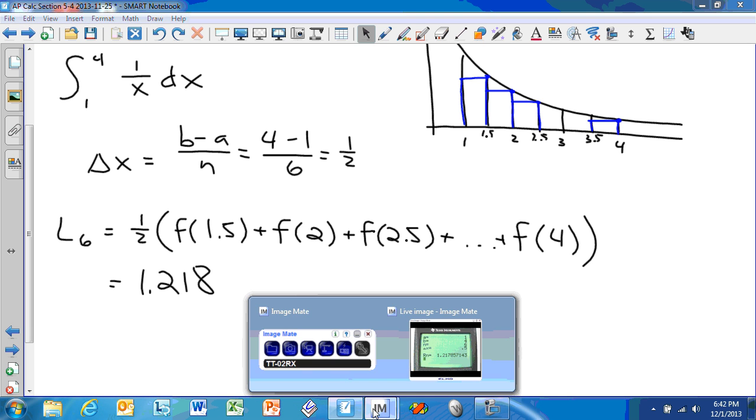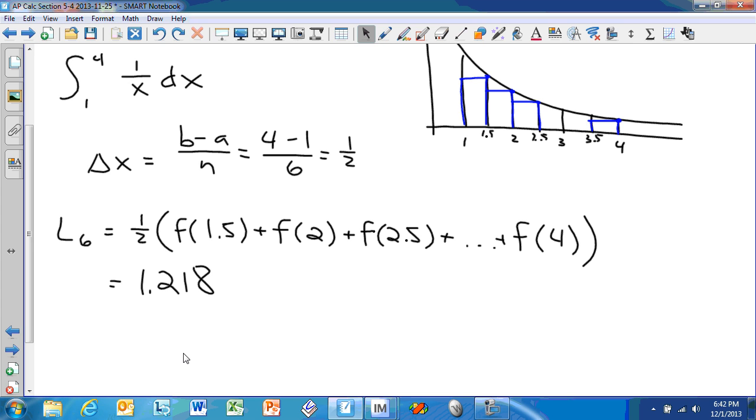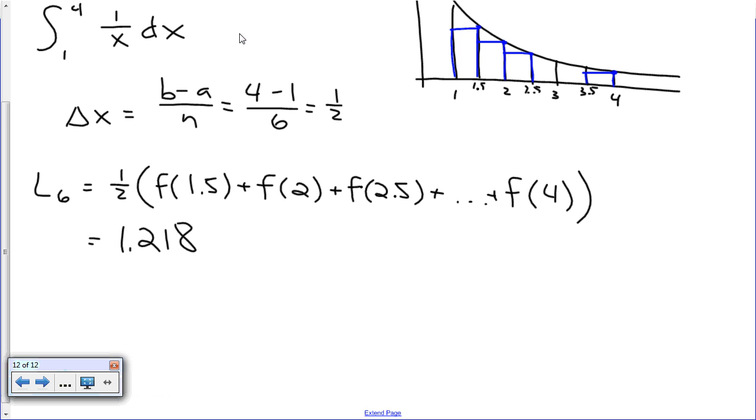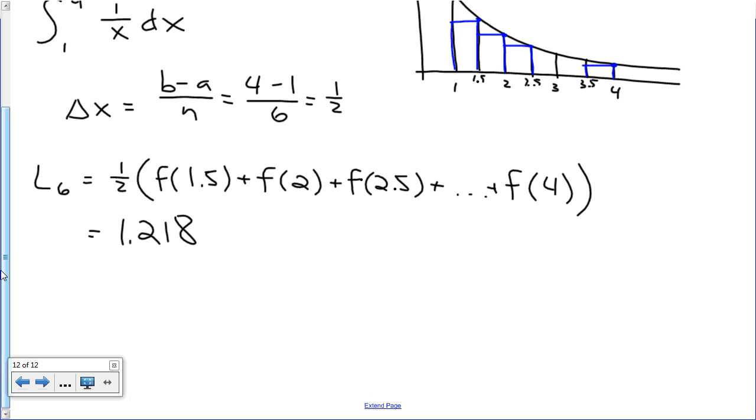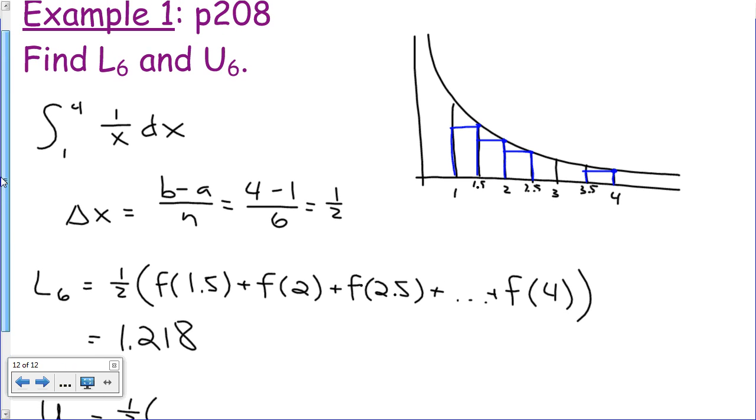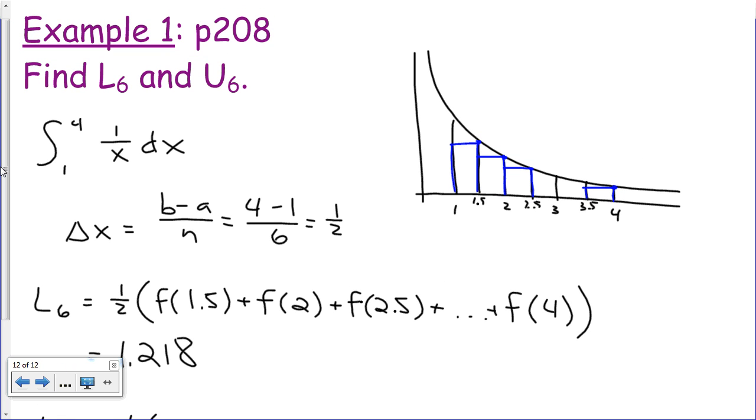All right. Let's write down the next one for us, and then we'll let our calculator crunch it. The last one that we want to calculate is U sub 6, the upper Riemann sum. So that's going to be 1/2 times the sum of a bunch of y values. Let me go back and look at our graph to help us figure out what we have to do. If I want an upper Riemann sum, that means in each subinterval I pick the highest point. So on the left side of that first subinterval is the rectangle I want to create.